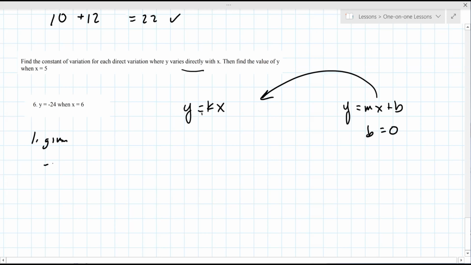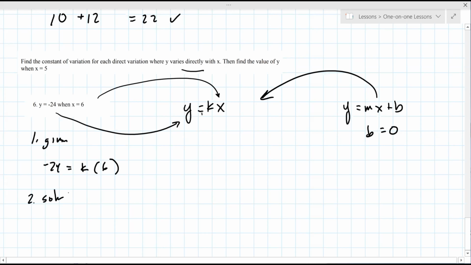So it's -24 equals k times 6. I just took these values and put them into this equation over here. You solve for k. So in this case, k equals -4. You're dividing both sides by 6. Okay. Then you rewrite the equation.